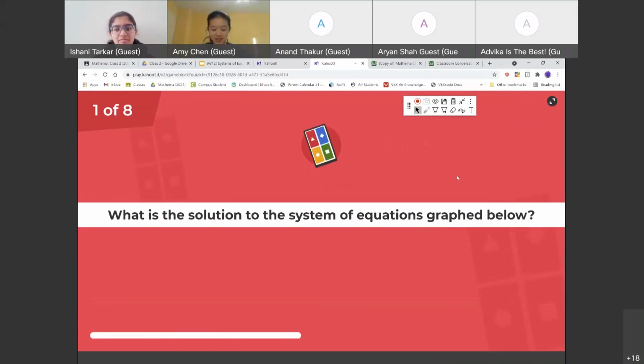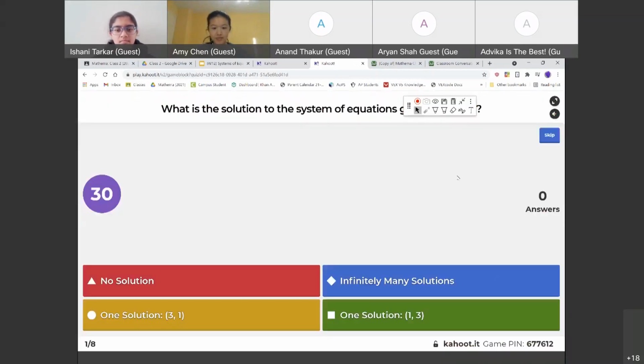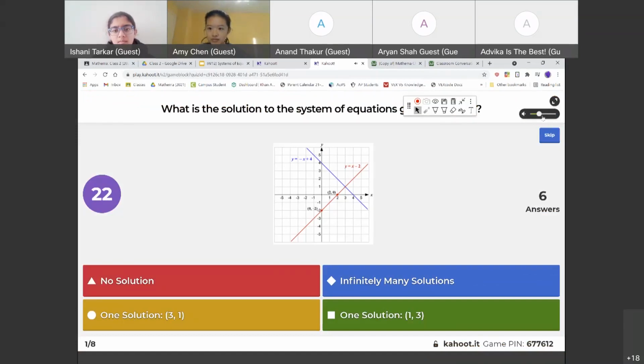Okay, what's the solution to this system?